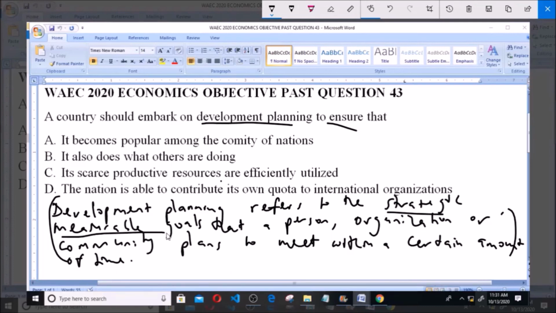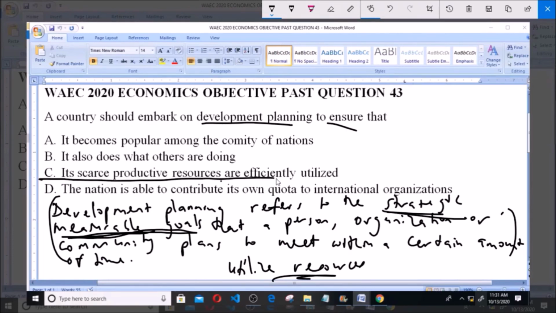So setting strategic goals by a community will enable the country to efficiently utilize the resources available to make sure these goals are met, instead of just doing things without a set out plan or goal to accomplish. So option C is the correct answer to this question.